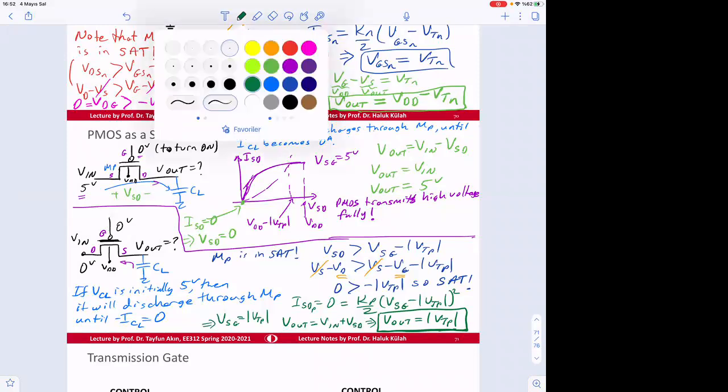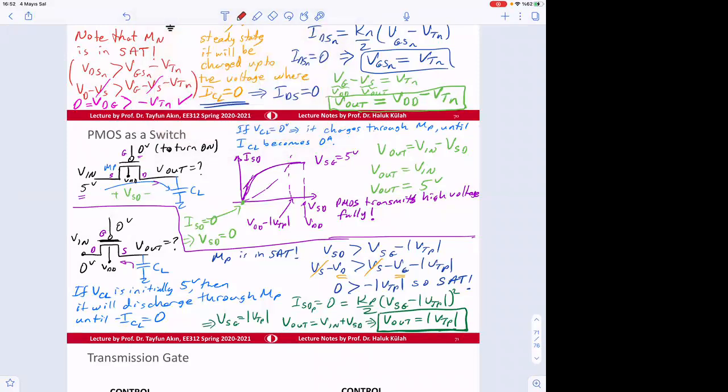So we can say that PMOS cannot transmit low voltages fully.